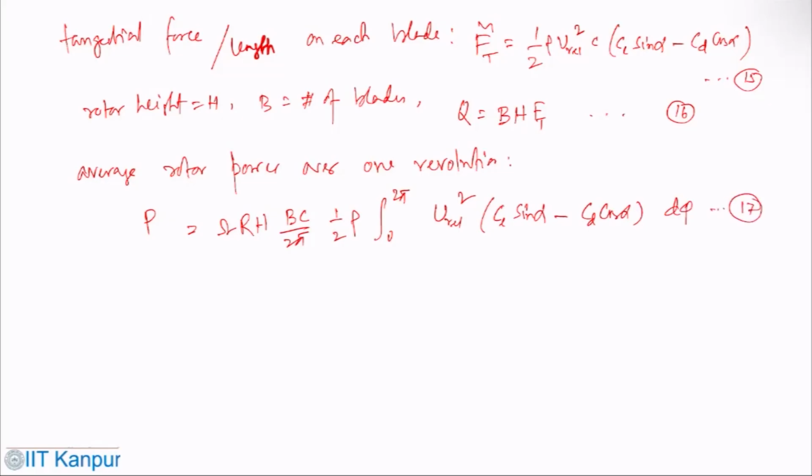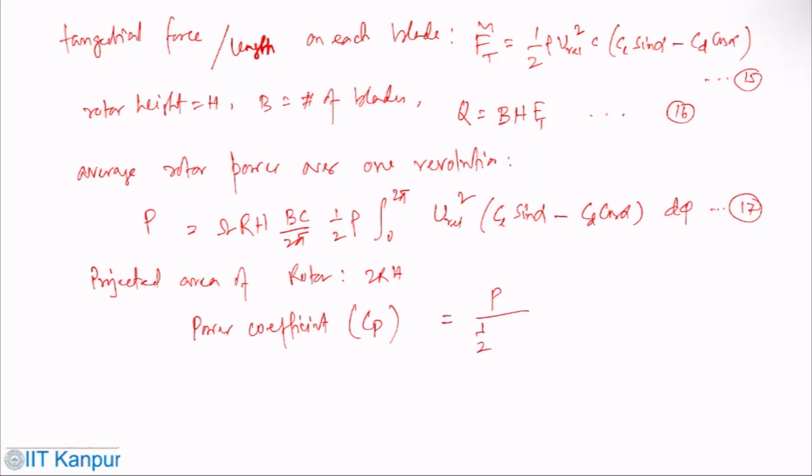Then we can find the power coefficient as well, which is power divided by the power in the wind passing through the projected area of the rotor. The projected area of the rotor would be 2Rh. So the power coefficient Cp is P by half rho 2Rh U cube.